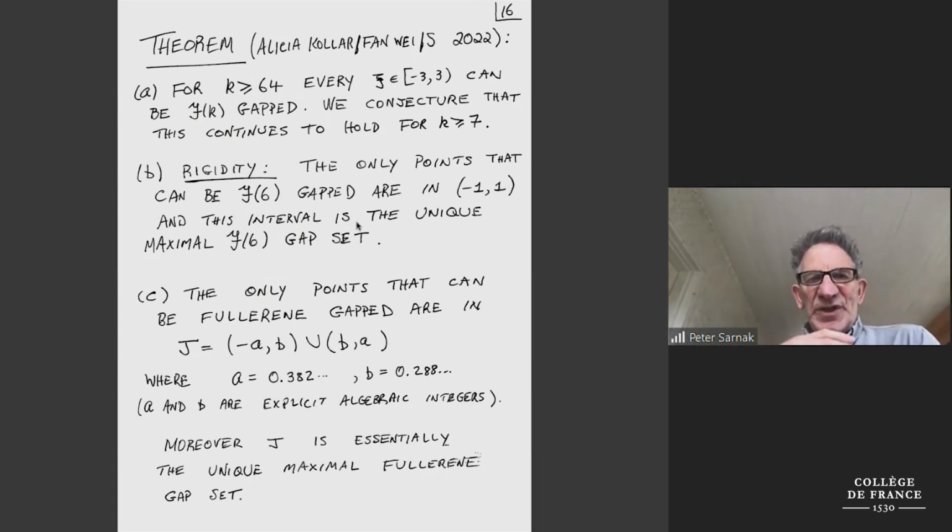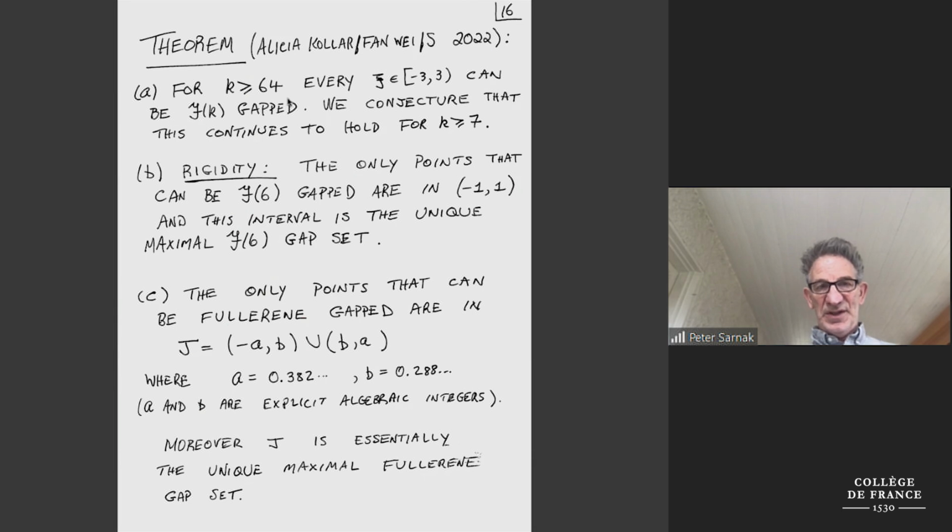So firstly, we wanted to generalize the theorem that you can planar gap any point if you allow arbitrary planar graphs. So the first thing was to see if you restrict the number of sides, can you still planar gap any point in [-3, 3] when you restrict to planar graphs which have at most k sides, so in the F_k?